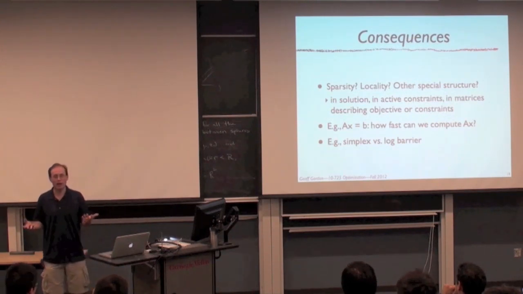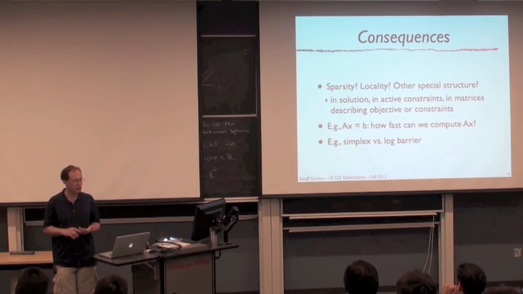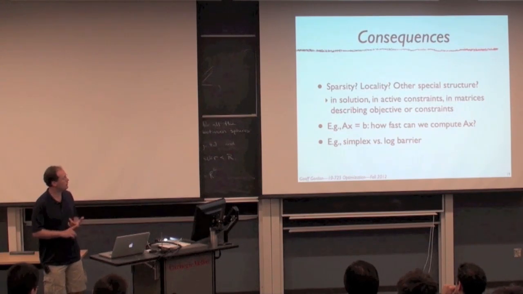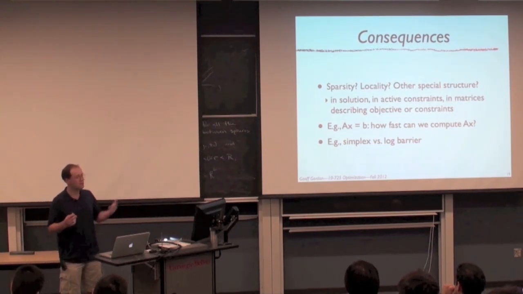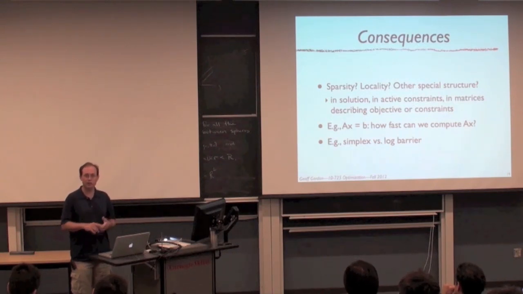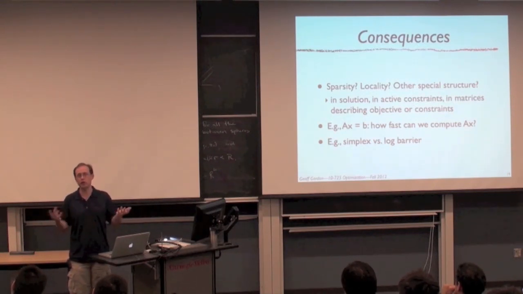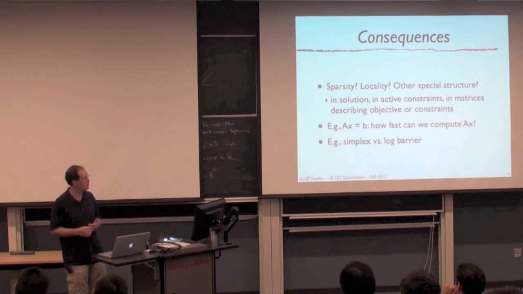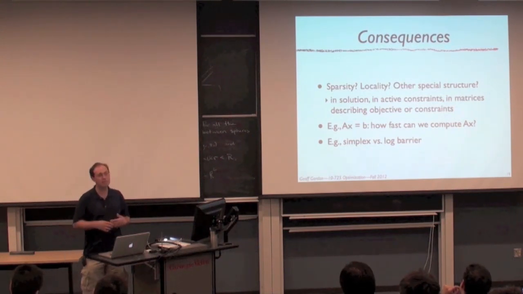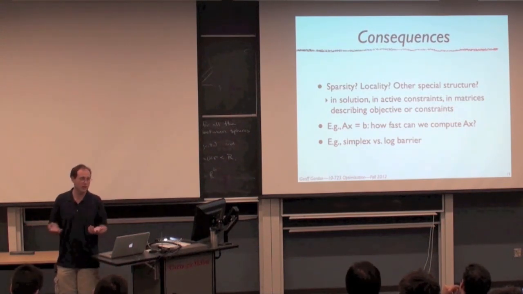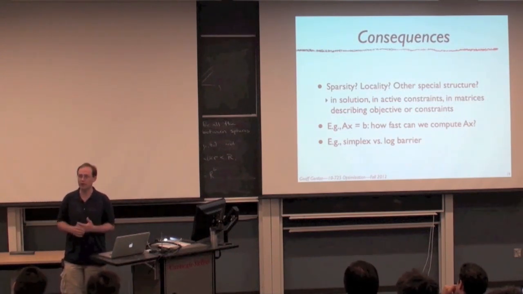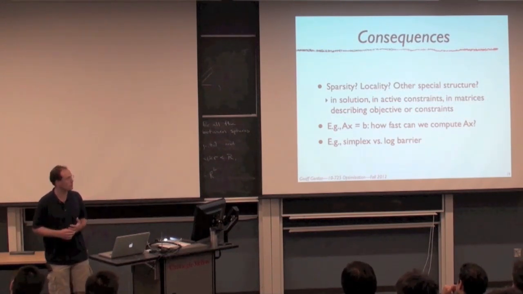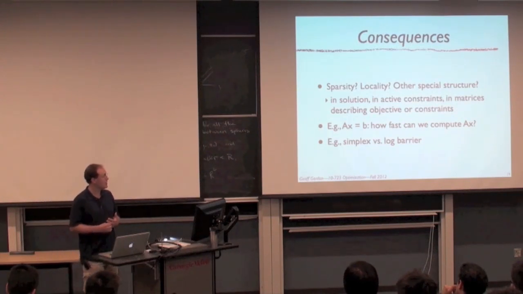You might have properties of either the solution or the problem. So things like sparsity or locality or other special structure. These could be in the solution, meaning that there are only, for example, a few non-zero variables out of a very large number of variables. Or they could be in the matrices describing the constraints. So you could have AX equal B, where A is a matrix with only a few non-zero entries, and that could affect the algorithms that you can apply.